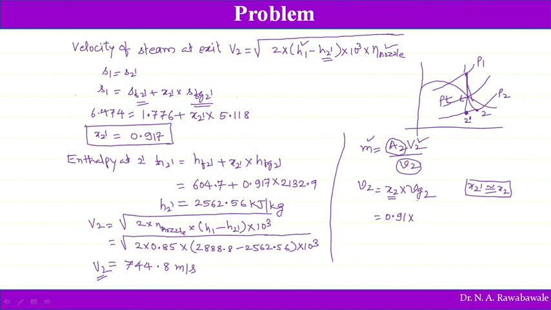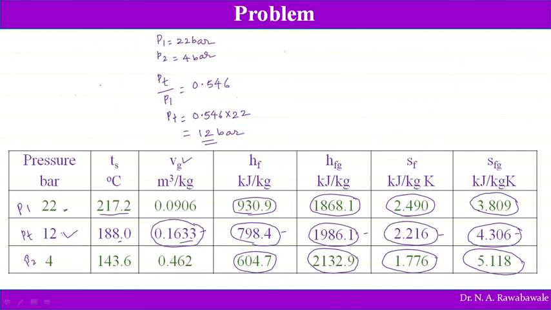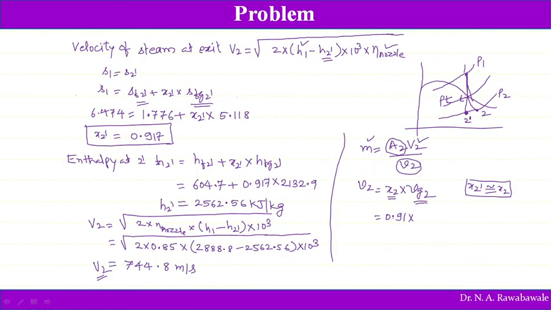Then vg2, specific volume at exit pressure, is seen from the steam table, which at pressure 2 is 0.462. So v2 we get as 0.42 meter cube per kg.